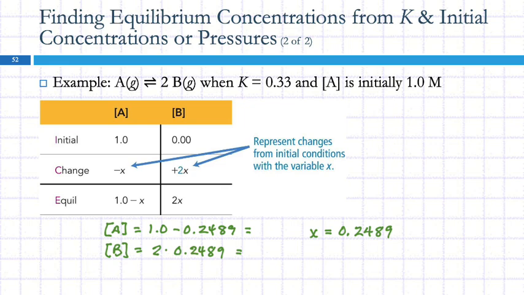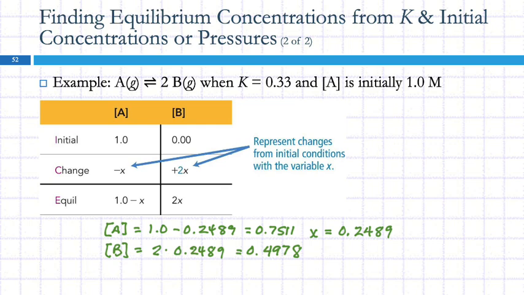I have to pull my calculator out of here, note to self, get out a second calculator next time. 1 minus 0.2489, 0.7511. 2 times 0.2489, 0.4978.